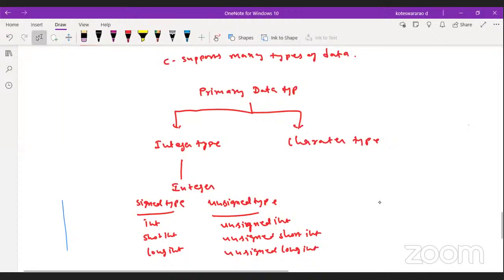Here the character type is signed char and unsigned char.